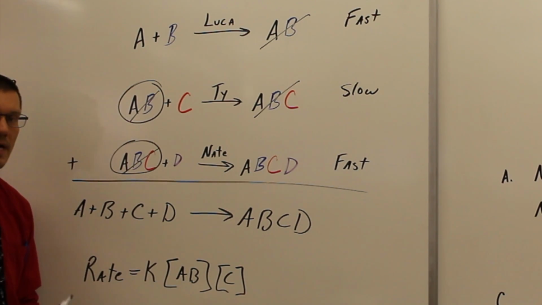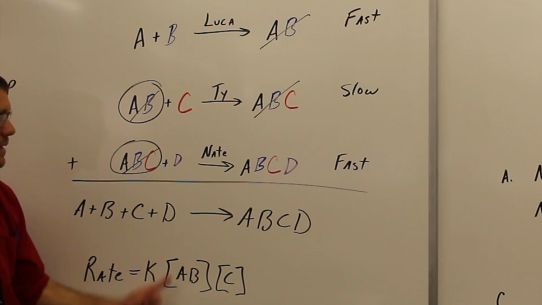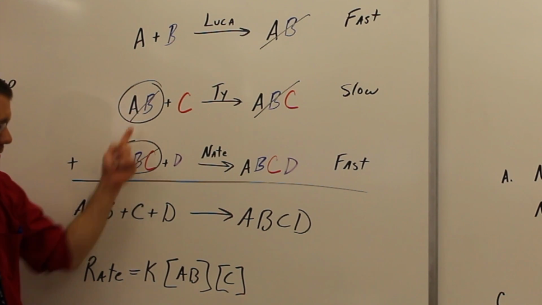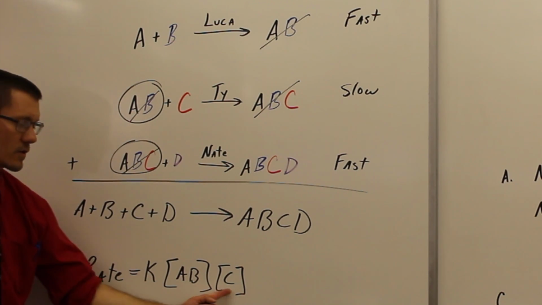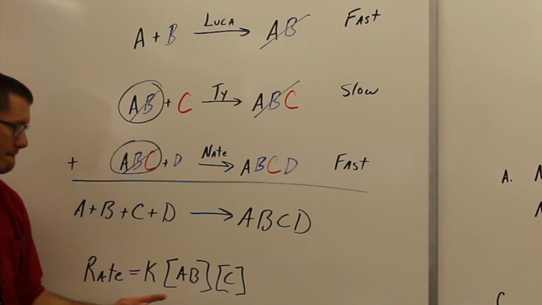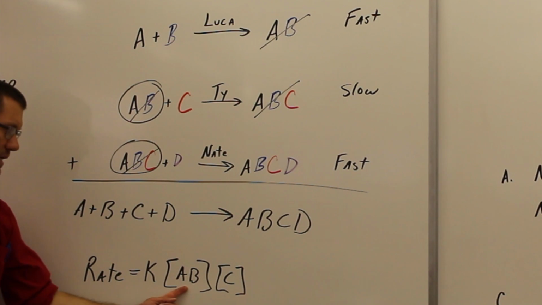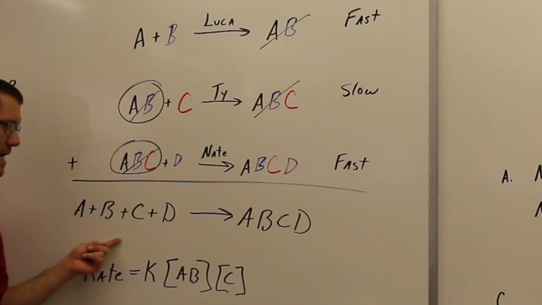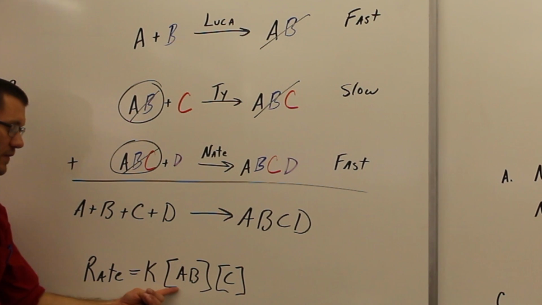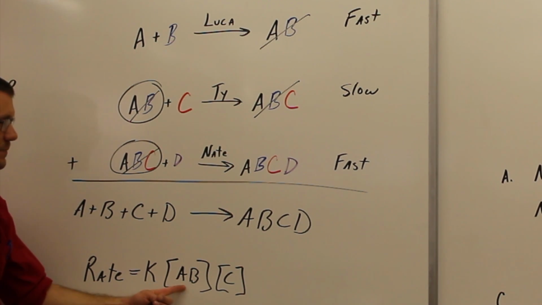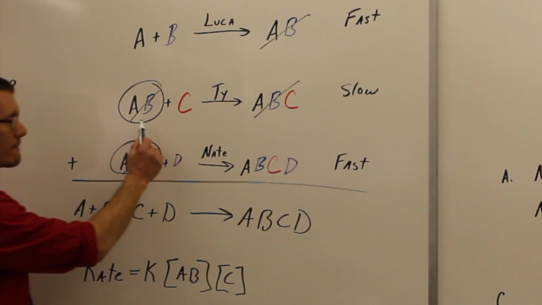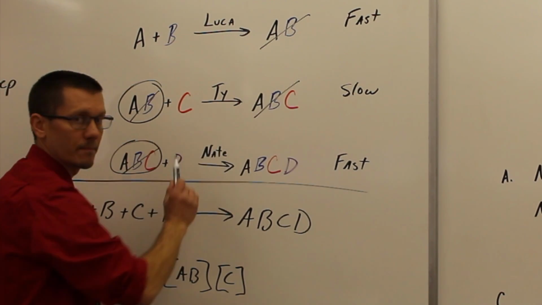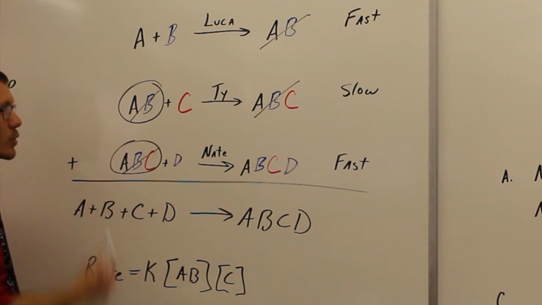So our overall rate law is determined by our Ty step: concentration of AB and concentration of C. But because AB is an intermediate, it doesn't show in our overall reaction. This is an inappropriate rate law. We can't report that, so we have to find something to substitute for AB. Even though that's our slow step, we can't report an intermediate.